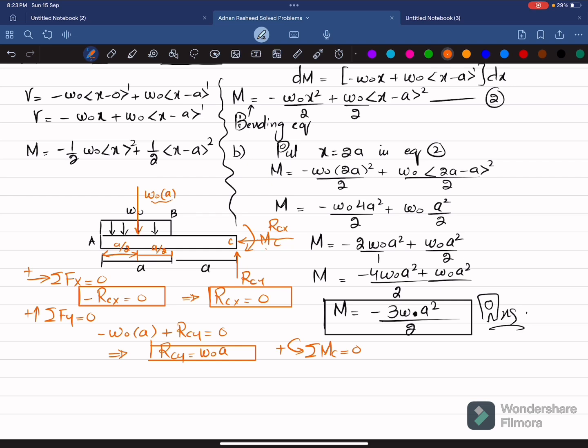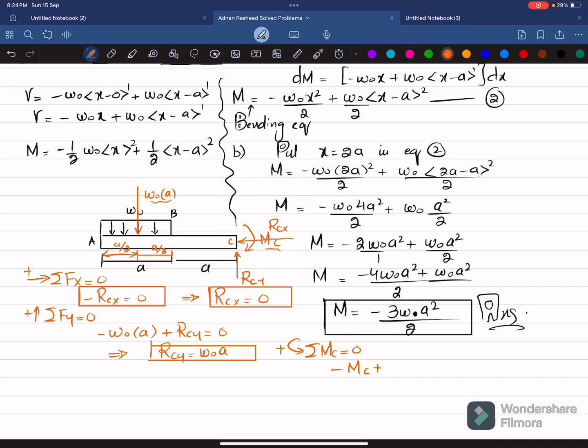So here you can see one moment is clockwise, that is minus MC, and the second moment about point C is this W naught into the perpendicular distance, which is 3A divided by 2, because A plus A by 2 is equal to 3A divided by 2, and this is producing counterclockwise moment, so it will be positive.